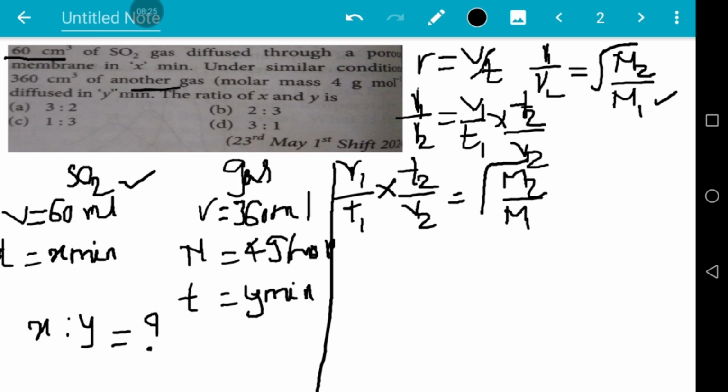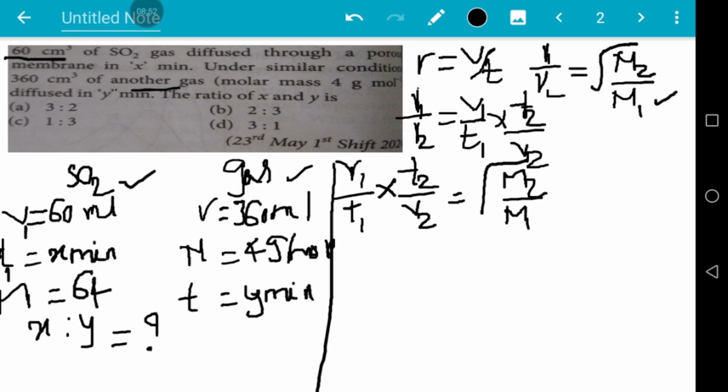Here the subscript 1 is the first gas information, and 2 is the second gas. So V1 is the volume of SO2, T1 is the time of SO2, and M1 is the mass of SO2: one sulfur 32 and two oxygens 32, so the total mass of sulfur dioxide is 64 grams.